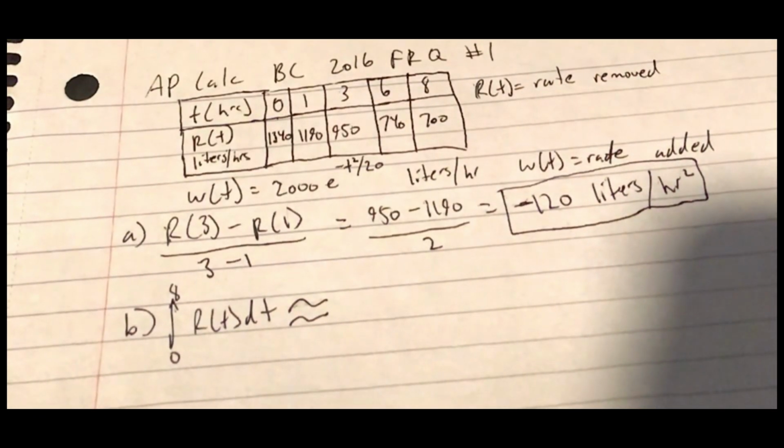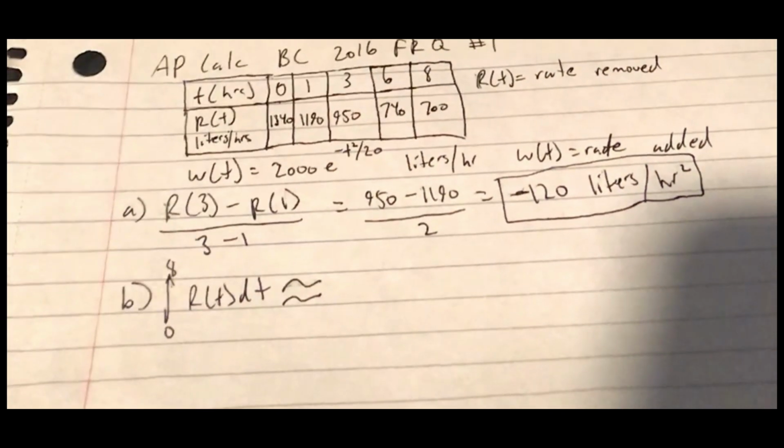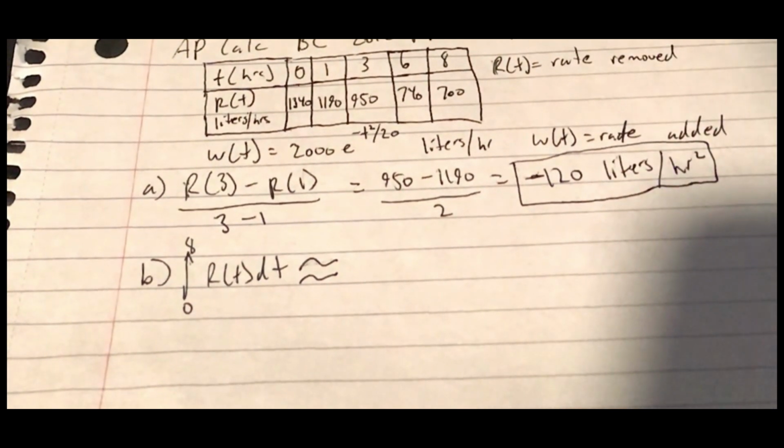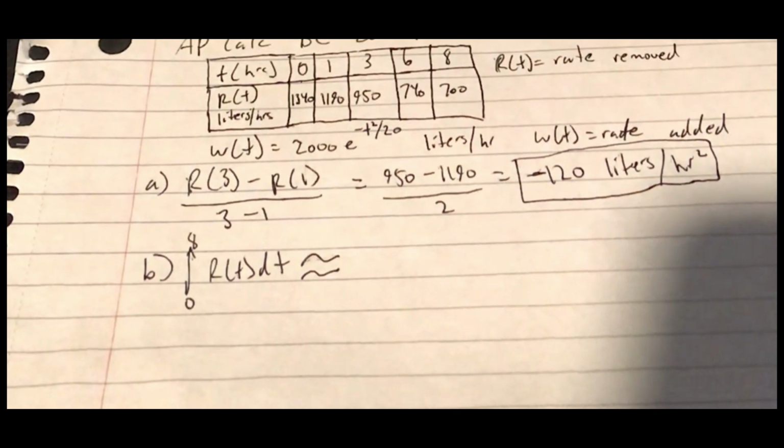So we're going to be essentially using rectangles, right? The x value, or the length of the rectangle, is going to be the change in your time, whereas the height of the rectangle, your y value, would be the function itself.